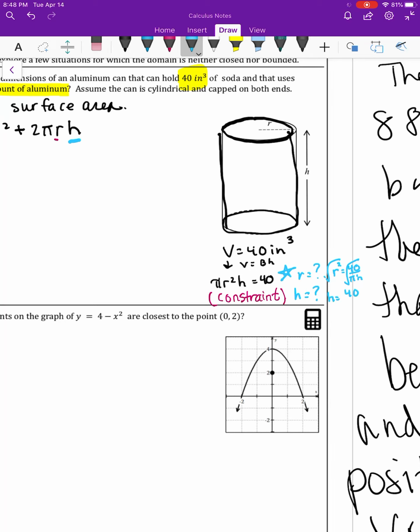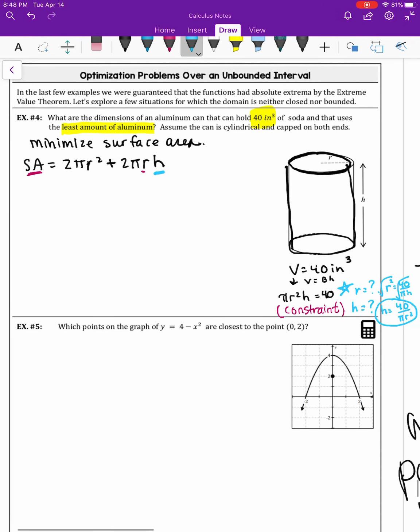So you have to really think about that. I think it's probably going to be a better idea to solve for h. So if we were going to solve for h, we would have 40 divided by pi r squared. Okay, let's try that one.